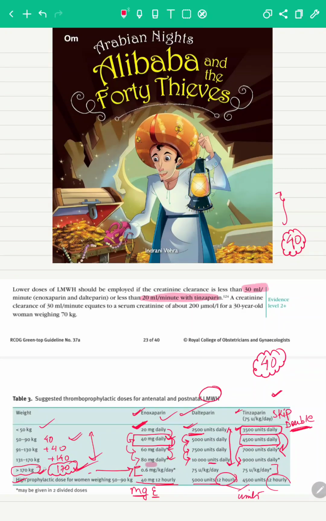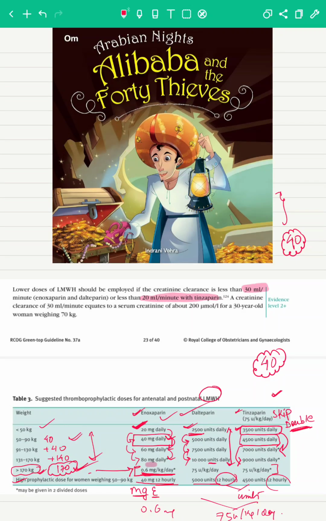Now for those where the weight is more, the mg per kg per day is what we have to remember. So 2 values here, 0.6 and 75. This is mg and this is units per kg per day, because we'll have to deliver higher doses at this high weight. So we will give it according to every kg increase in weight.